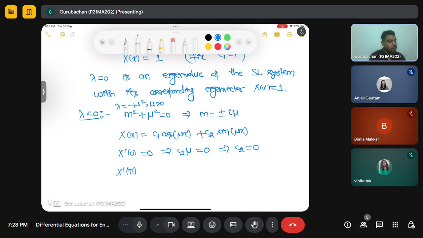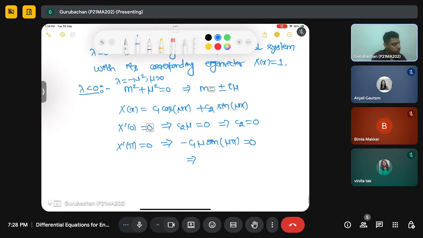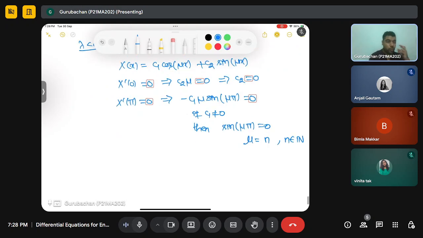Next is X dash pi has to be 0. That means minus c1 mu sine mu pi has to be 0. Since we want to find a non-trivial solution, c1 is non-zero and we know that mu is greater than 0, then sine mu pi has to be 0, and mu has to be some n, where n is any natural number, since mu has to be positive.